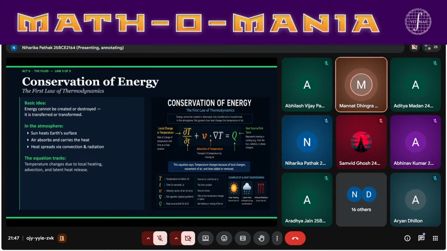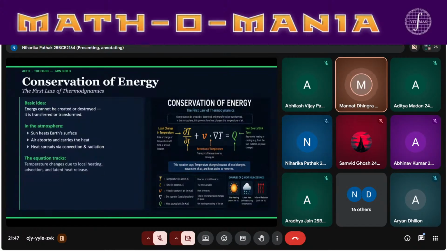Now Q is basically the heat source, right? So from where the heat is coming or whatever. Basically, it represents heating or cooling. So there might be a heat source, or so it basically gives heat waves or cold waves, anything it can give.